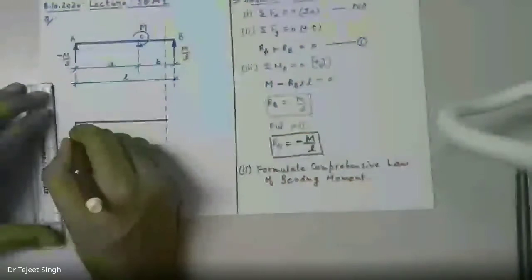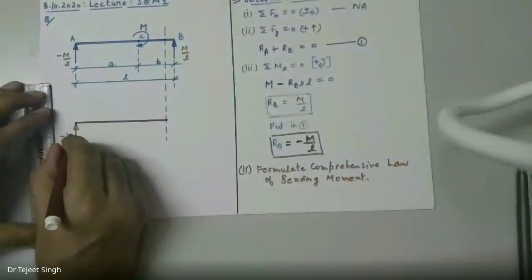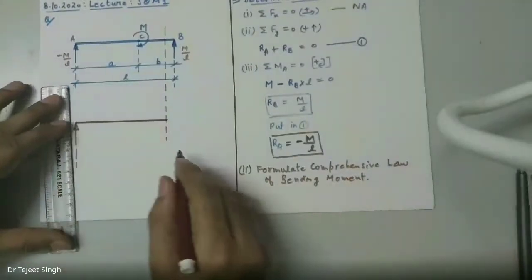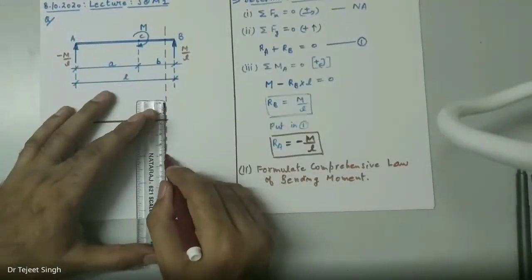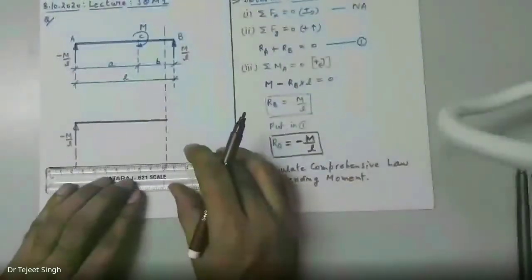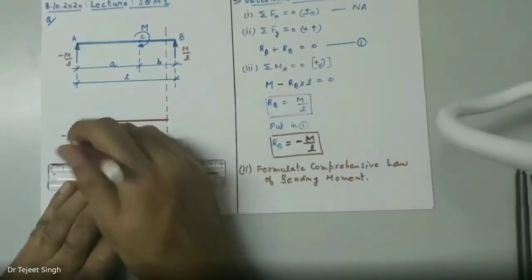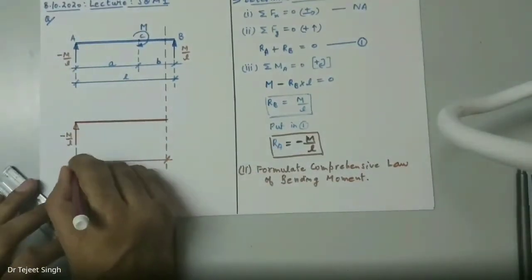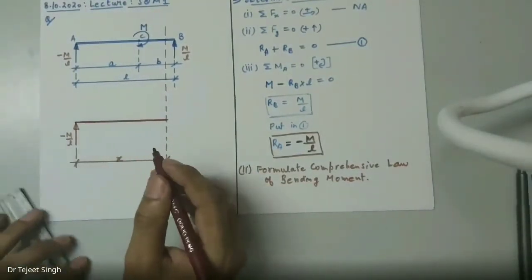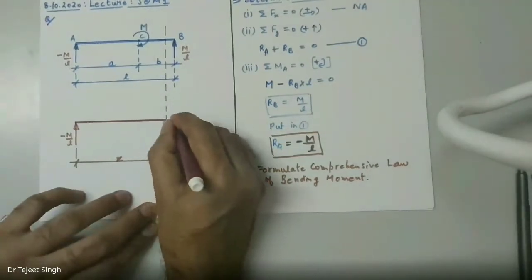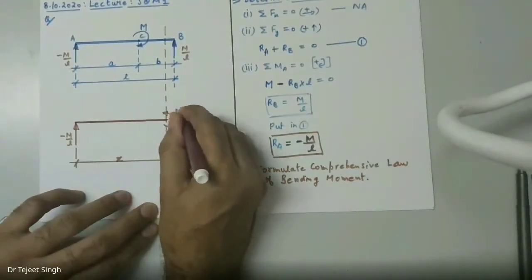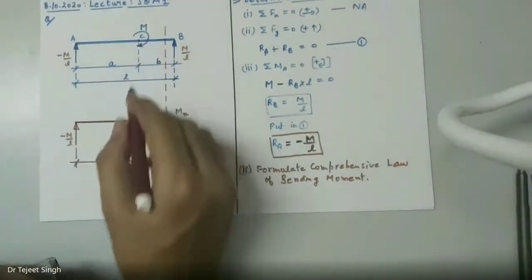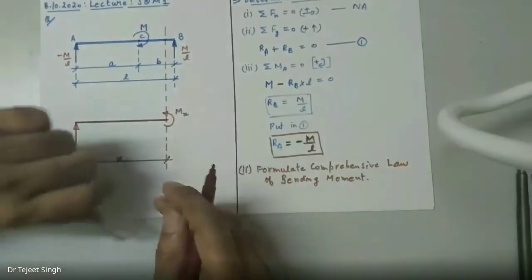So this is RA, which is negative, and the distance up to the cut point is X. So this distance is distance X from the left hand side. Now here there will be a moment that you need to calculate. I call it MX so that you should not confuse it, the moment at the cut. There's a point C as well.